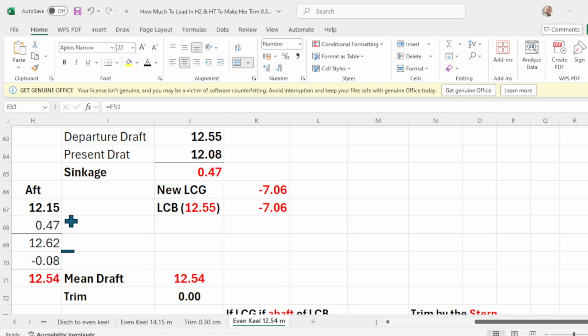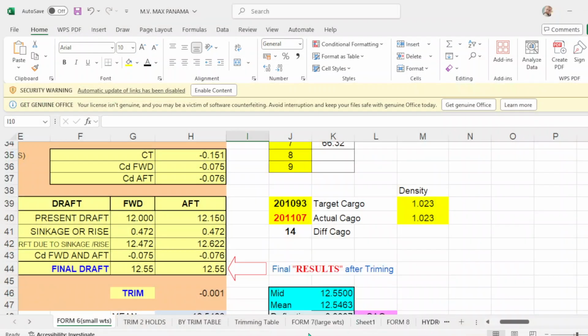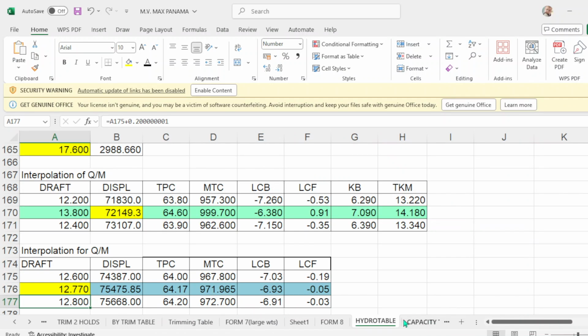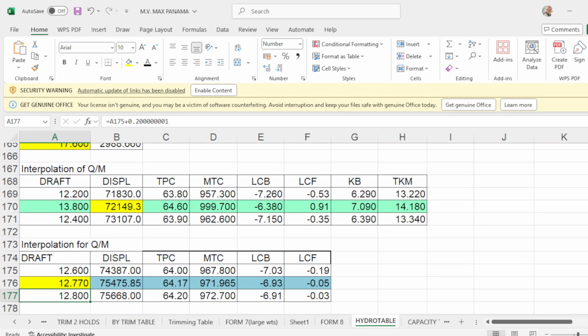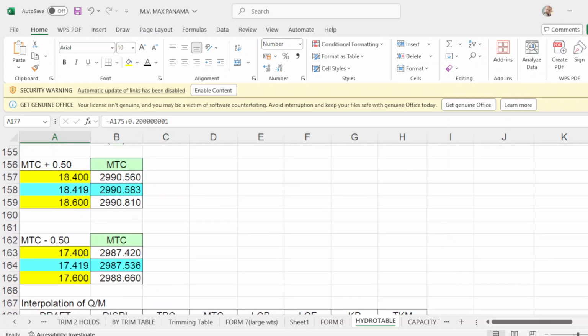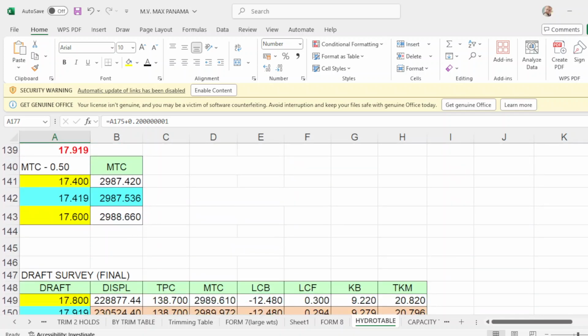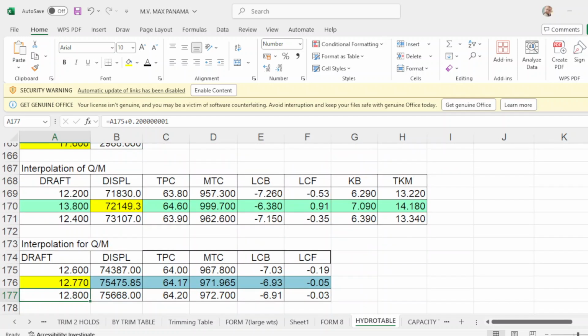So you go back to the program and you go to the hydrostatic table. So you go down. Well, 5.5, okay?